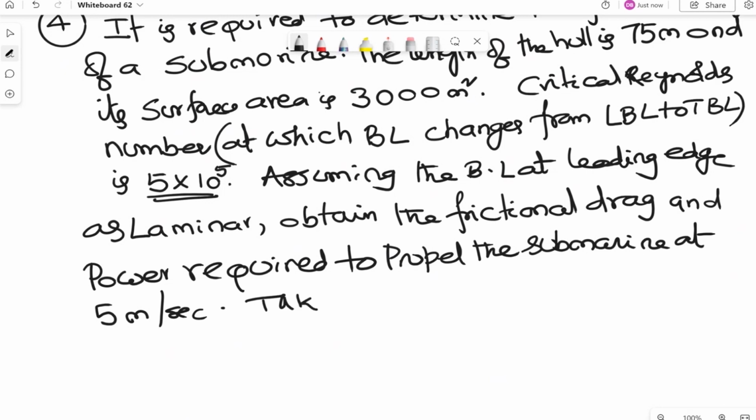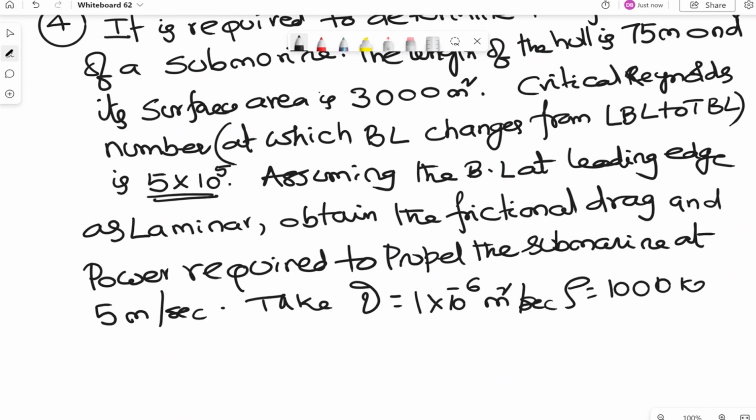Take nu equal to 1 into 10 to the power of minus 6 meters square per second, and rho equal to 1000 kg per meter cube.